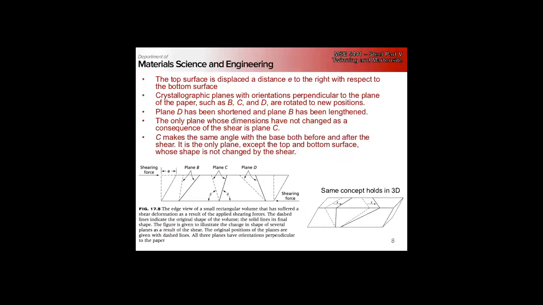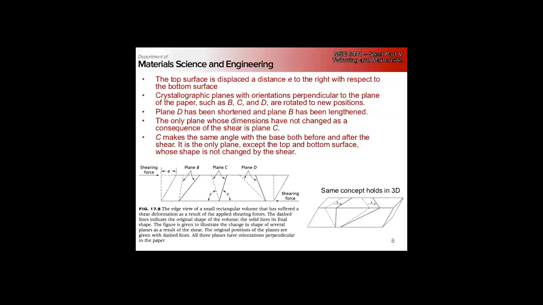Here, plane C: if this angle here is half the amount of the angle of the shear, it's going to maintain before and after the same angle with this bottom surface, right?